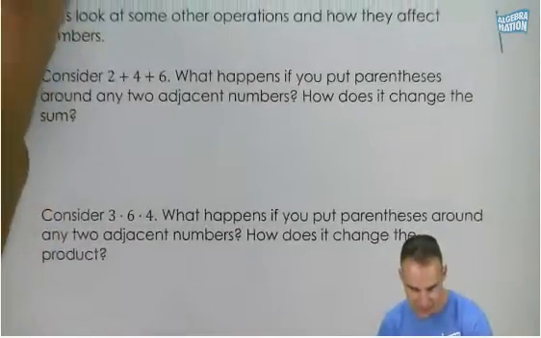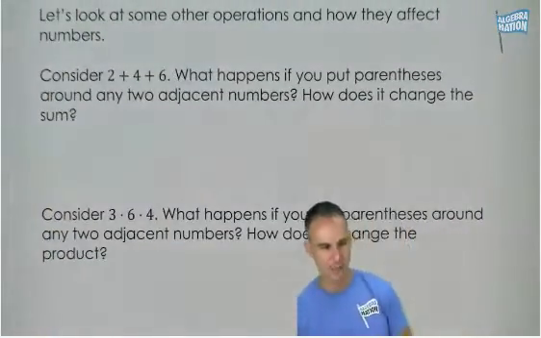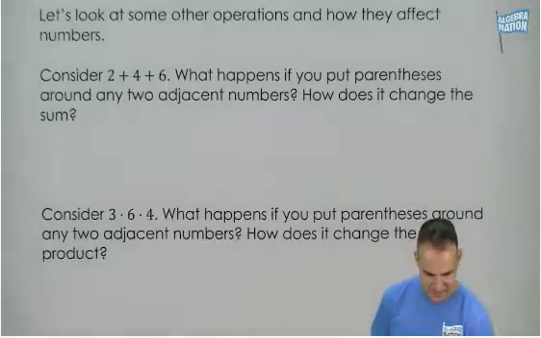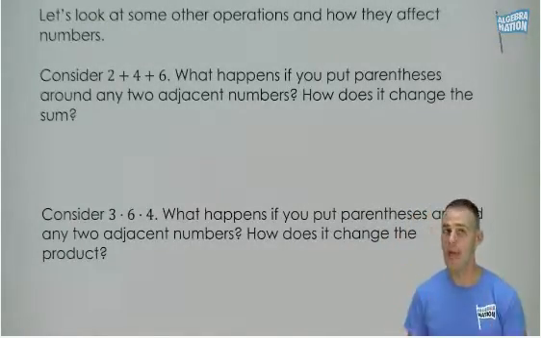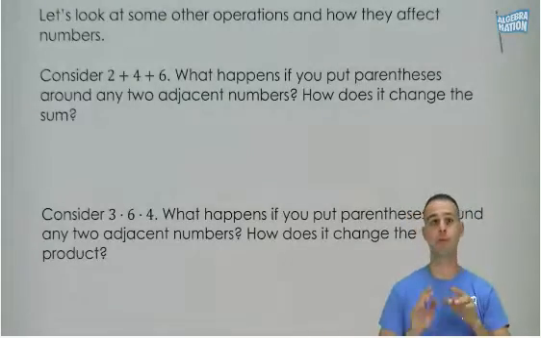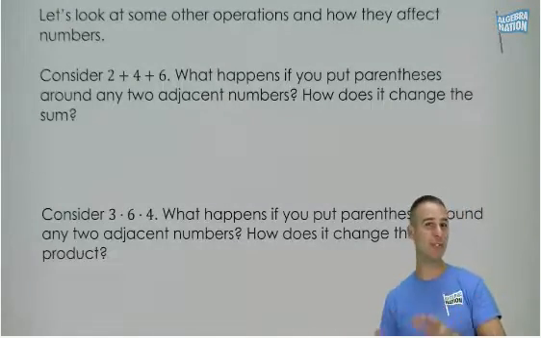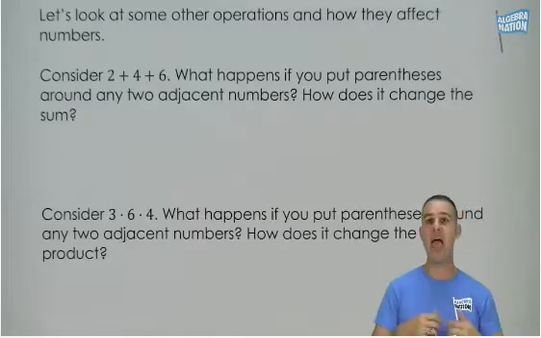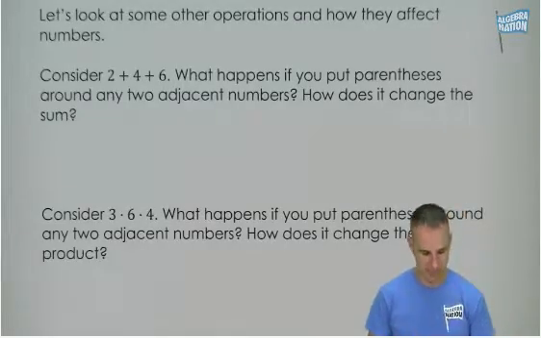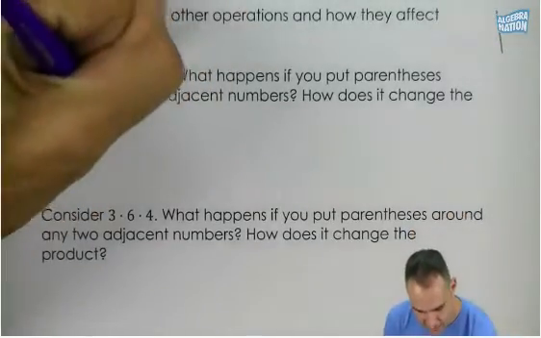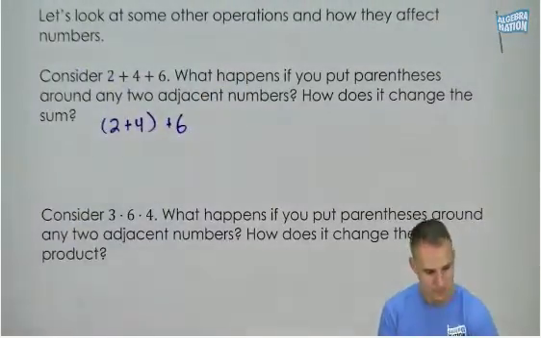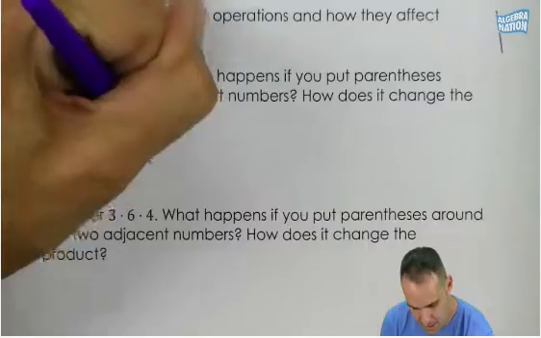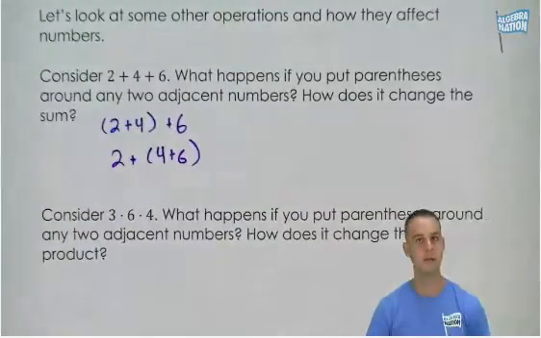Okay, let's look at some other operations and how they affect numbers. Consider 2 plus 4 plus 6. What happens if you put parentheses around any two adjacent numbers? How does it change the sum? If I had (2 plus 4) plus 6, or 2 plus (4 plus 6).